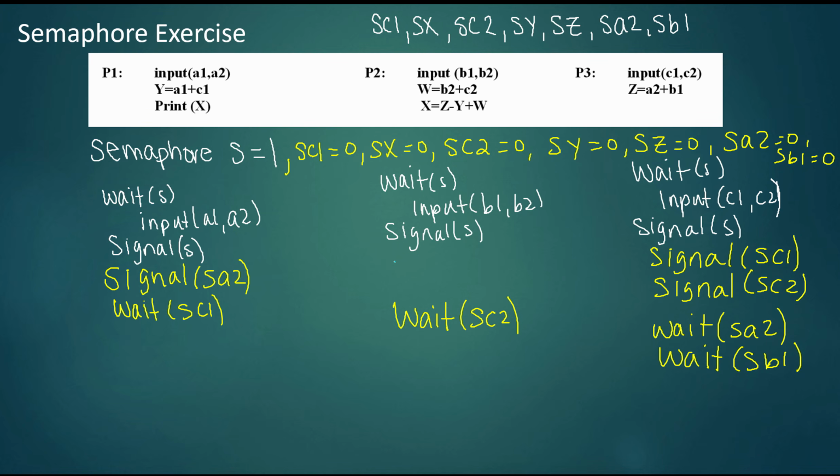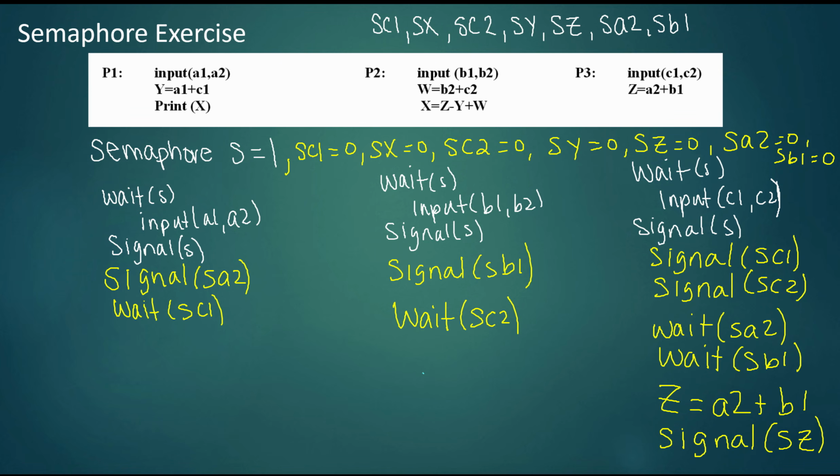So we will have P2 signal SB1. So let's do P3 first. P3 will signal that C1 has been input, signal that C2 has been input, wait for A2, wait for B1, and then proceed to make the calculation Z equals A2 plus B1, and then signal that that calculation has been made.